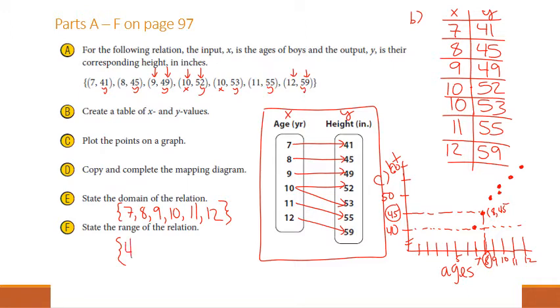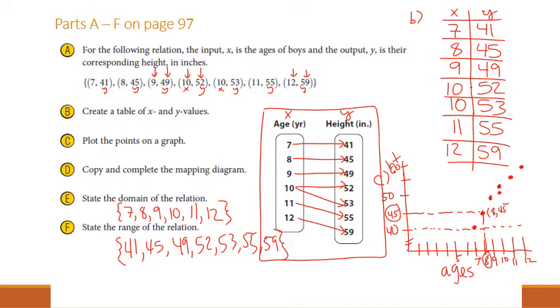They're all my outputs. 41, 45, 49, 52, 53, 55, and 59. If any of those repeated, I would not need to include them. Just one time. Don't have to write multiple inputs or outputs. All right, that's it.